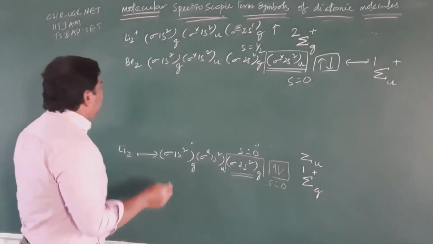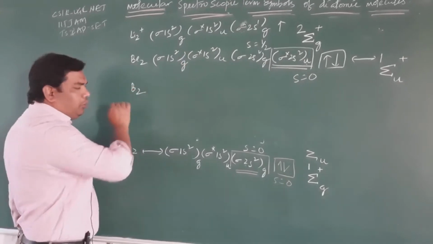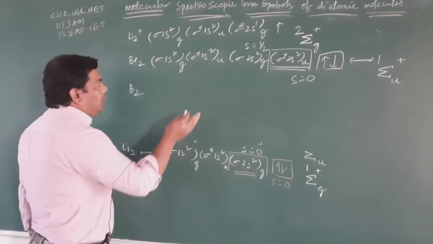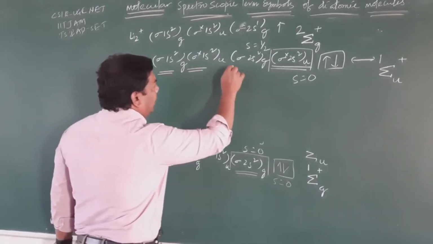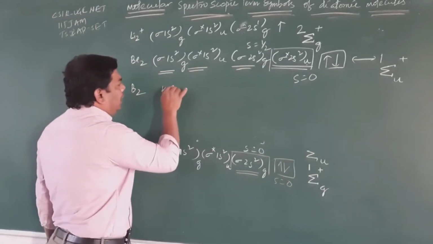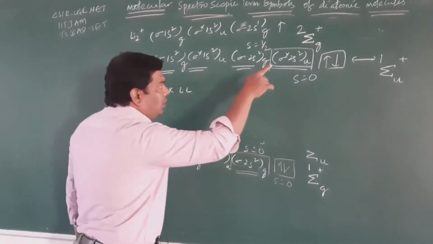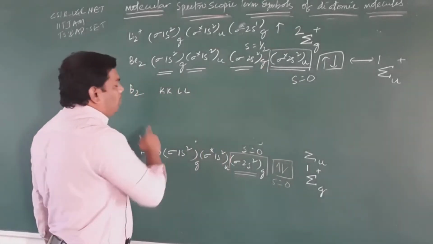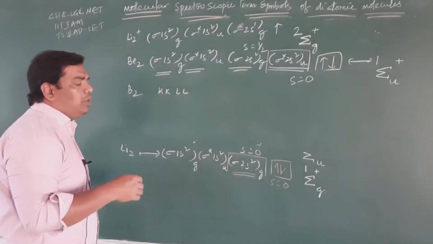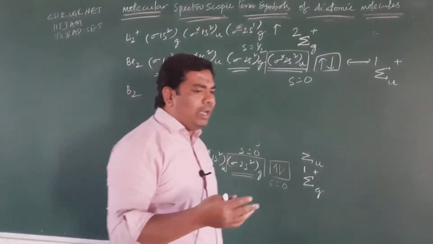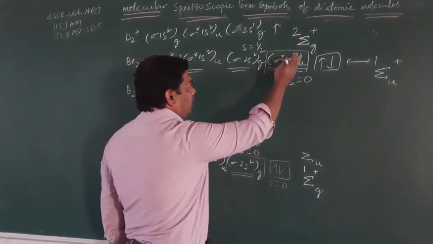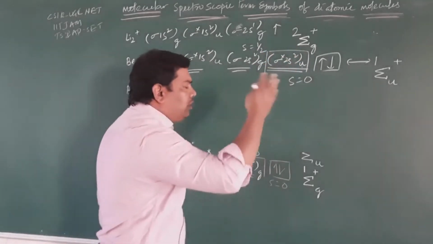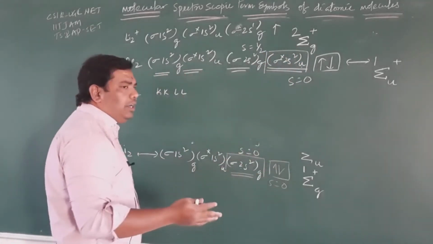Next we will move to the B2 molecule. Generally this is KK and LL, and then the last configuration. The boron molecule means the p electrons enter the 2p level. The s energy order is over, so the next 2 electrons enter the p level.